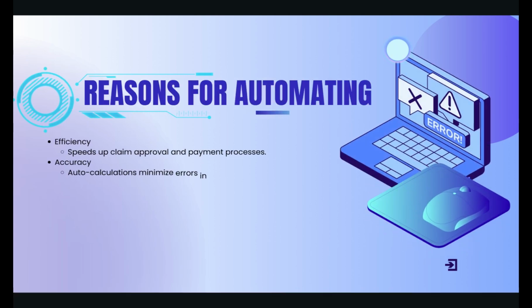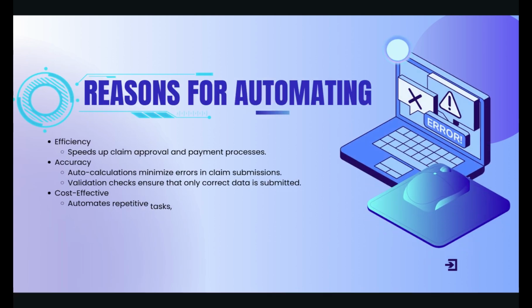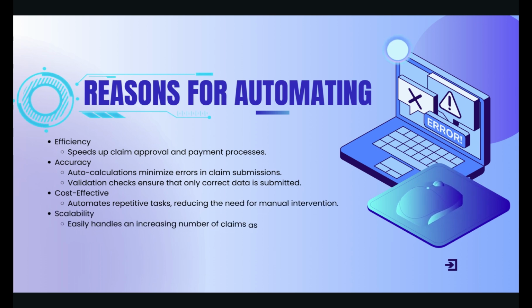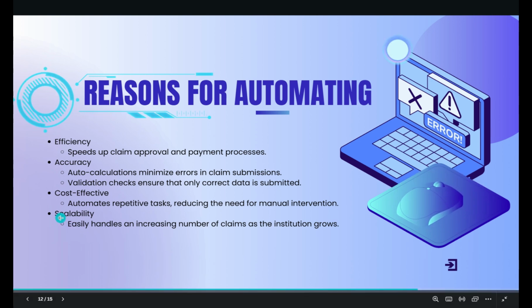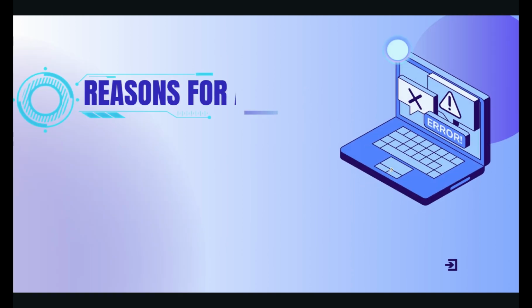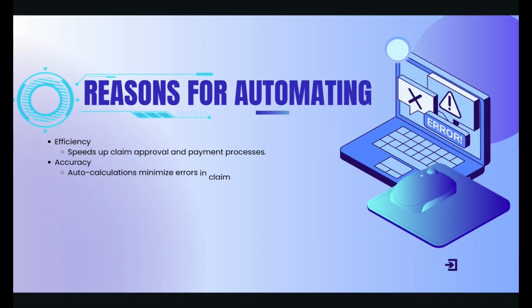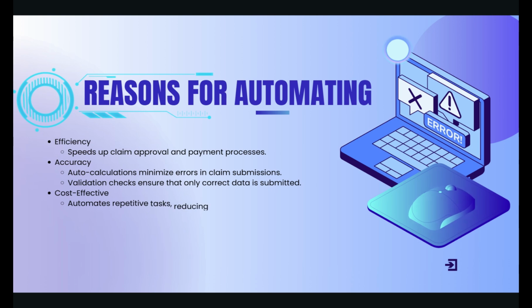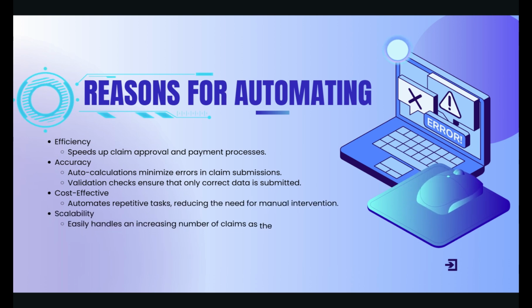So the reasons for automating everything, right? Because now we automated everything by using APIs and making calculations that are done on the website. So just real quick, on the lecturer side, everything is done within the API: all calculations, all retrieval of data.